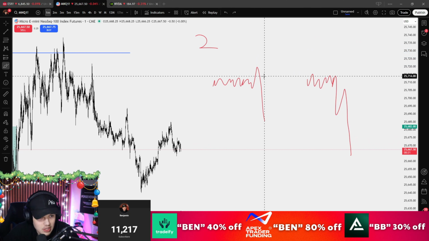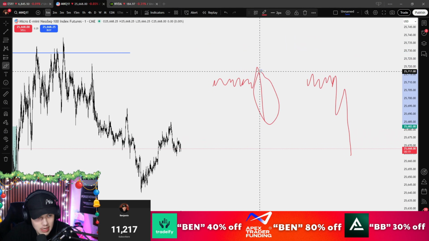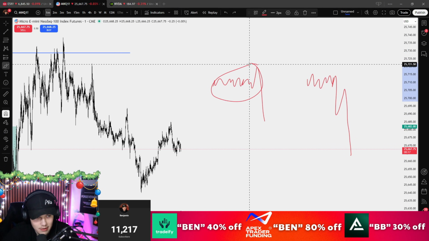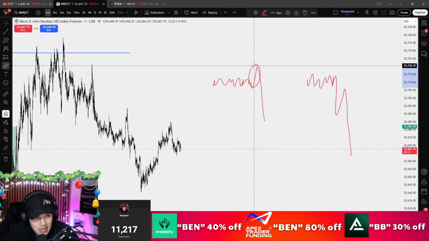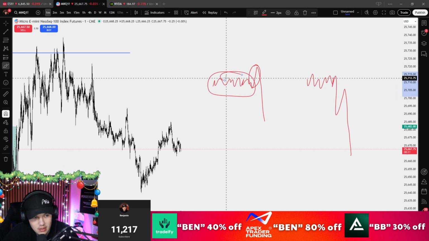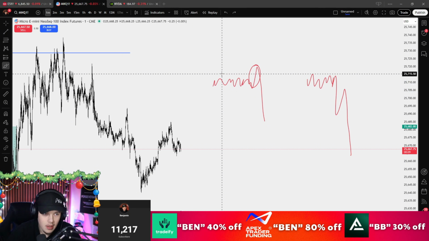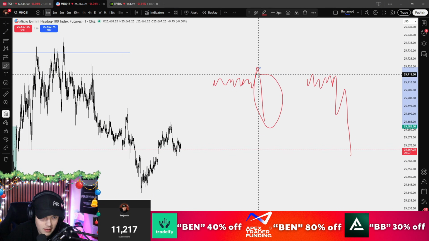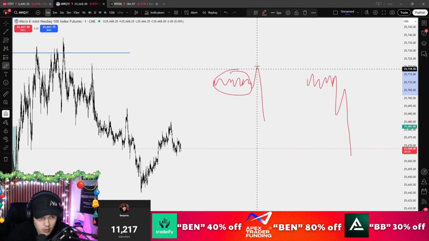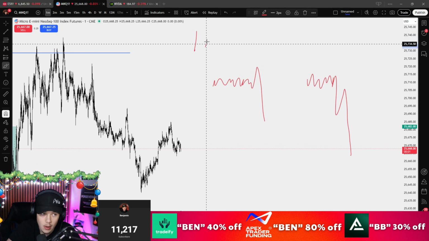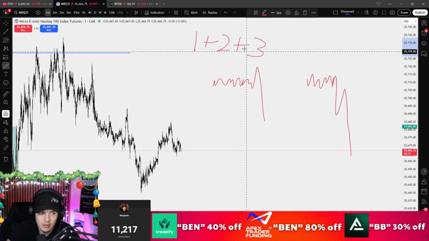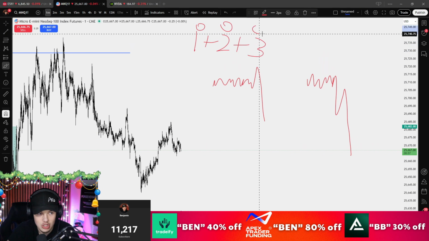We're trying to find the distribution. The distribution cannot happen unless this is together. Now, this can happen on its own. Manipulation can happen after accumulation, but distribution cannot happen without accumulation of orders and manipulations of buyers or sellers. So once again, it's not 1 plus 2 plus 3. It's not accumulation plus manipulation plus distribution.